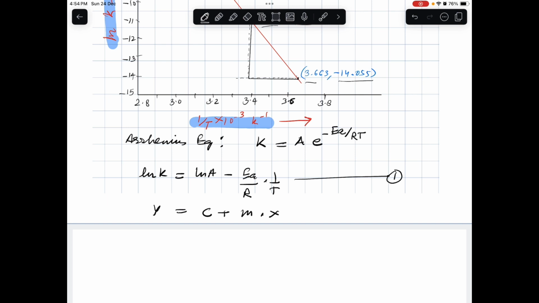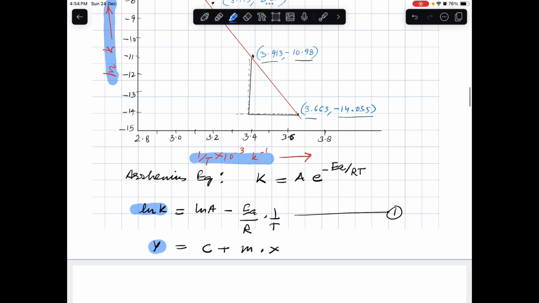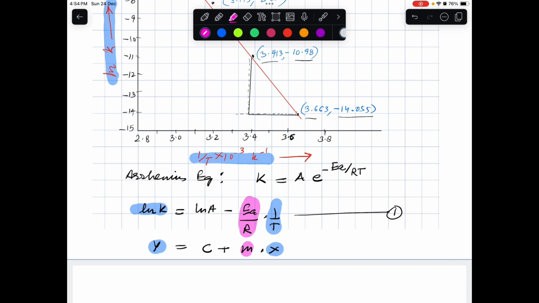Okay, so in our case on the y-axis we have plotted ln k, and on the x-axis we have plotted 1 by T. From the slope, which is m, we will get the energy of activation.